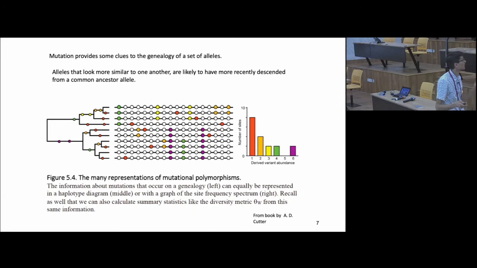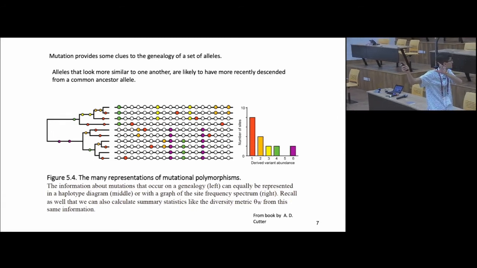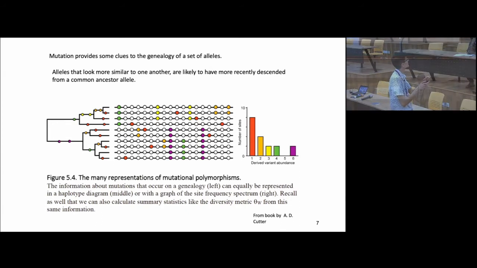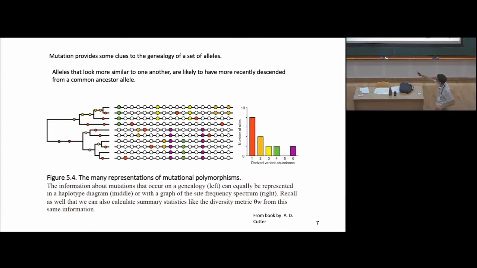Okay, so that's the real way one can think about sequence data. Of course, in reality, we don't actually get to see these genealogies. We see the mutations, and we can use them to make an inference about the genealogical history. But regardless of whether those mutations have occurred or not, there is a genealogical history, and that's what I want to focus on first.